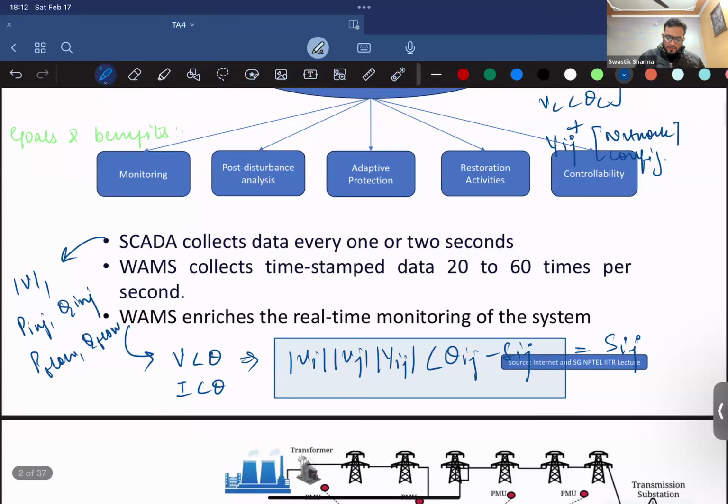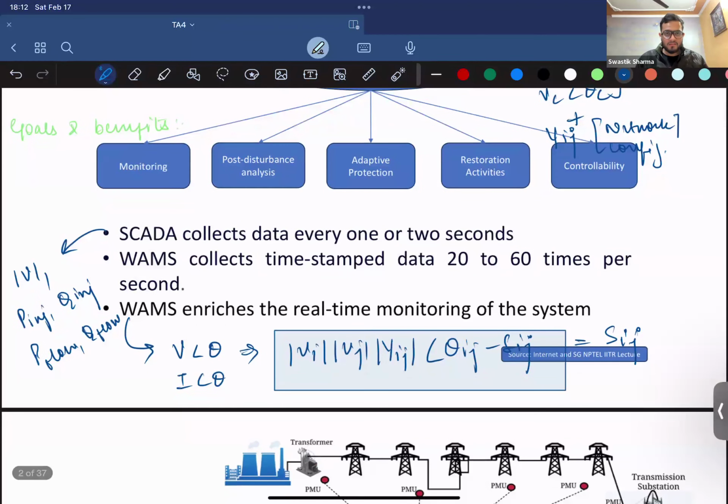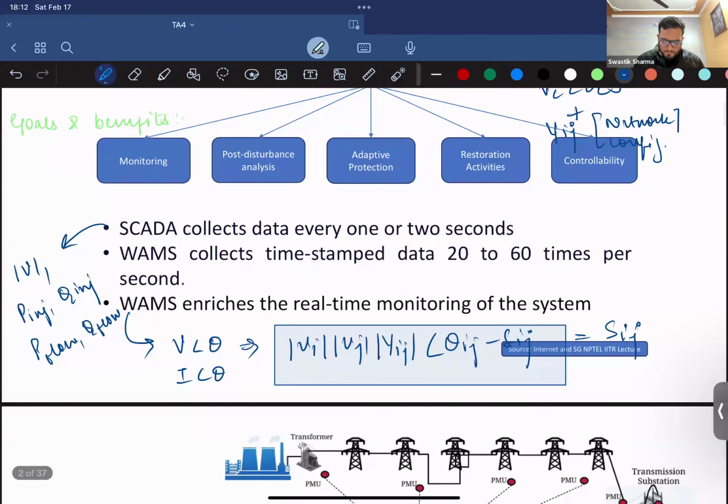One more thing it offers is the resolution of the data. SCADA collects data every 1 or 2 seconds, while WAMS could collect timestamped data 20 to 60 times per second. So the resolution of data is more. You can gather 20 or 30 times more data in a similar amount of time than what SCADA was doing before, right?